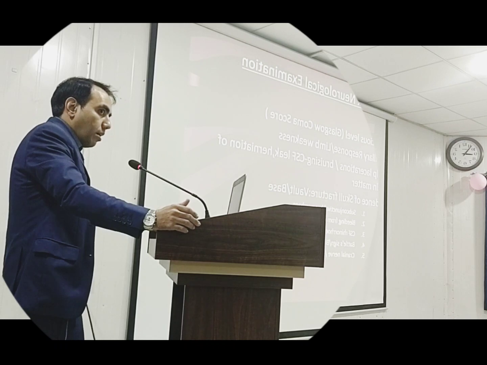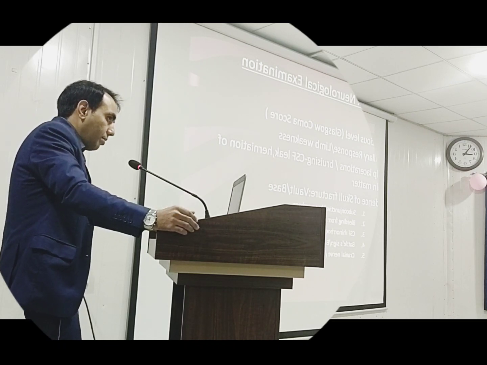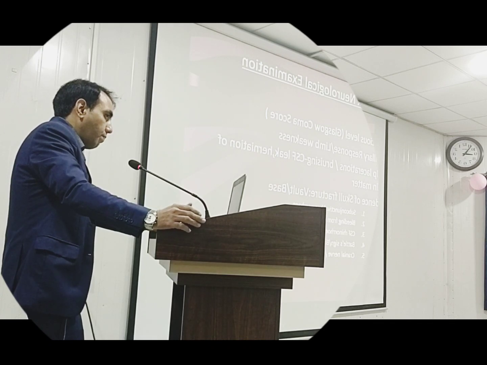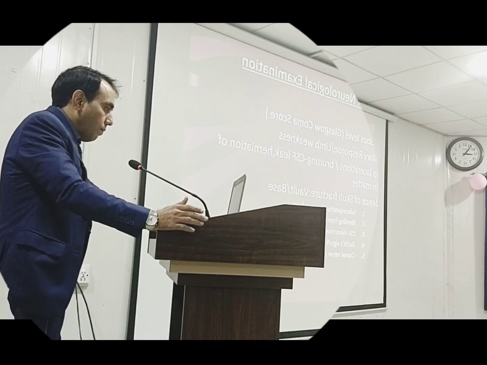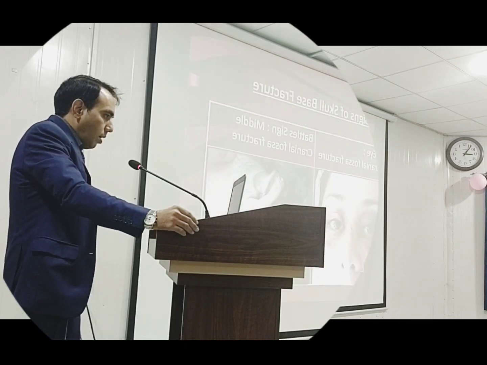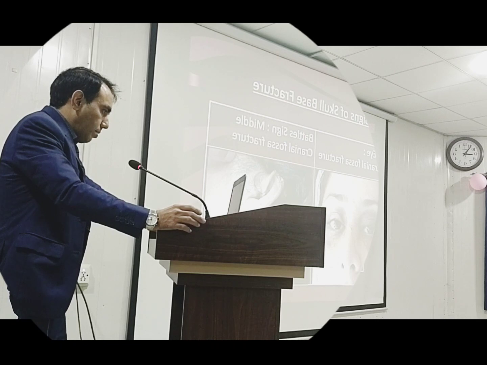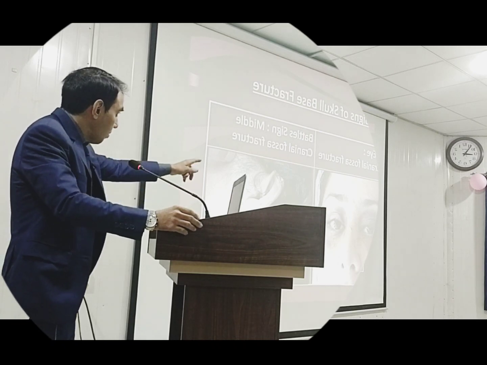During head injury there are also chances of arterial dissections, and the most vulnerable artery for dissection is the vertebral artery. Here we can see a picture in which a lady is suffering trauma of the anterior cranial fossa, and there is a raccoon eye.